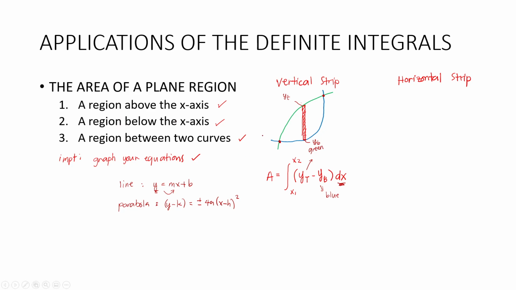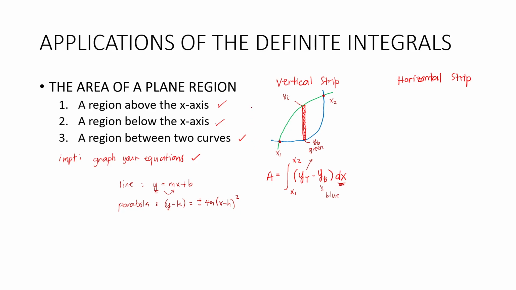It may be just above the x-axis, or it may be below, or it may be a combined version. So from x1 to x2, since you know from your basic integrals how to apply your definite integrals. So this time, this one is from x1 to x2, from left to right.